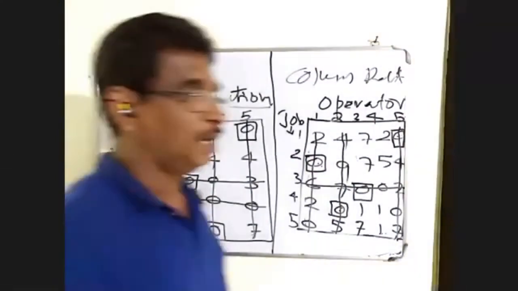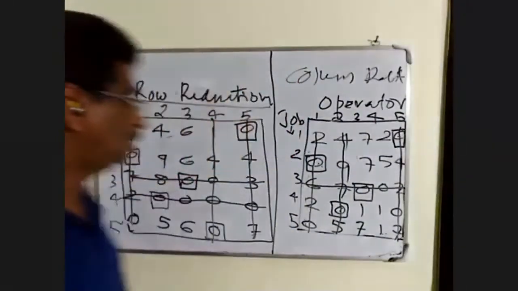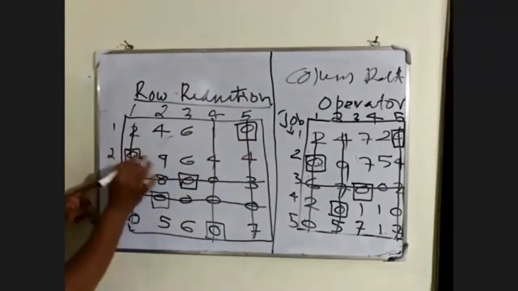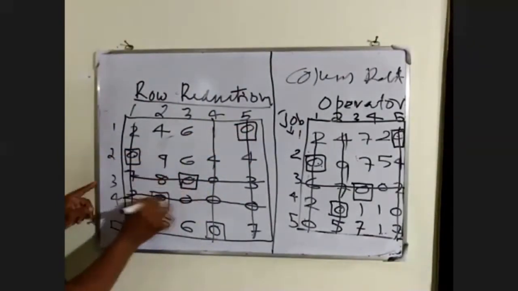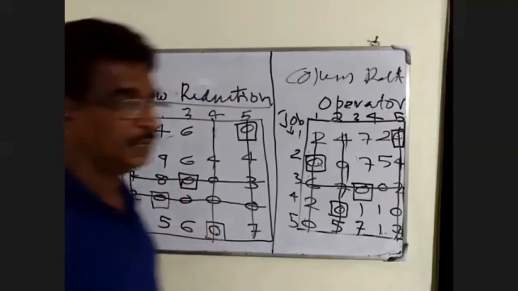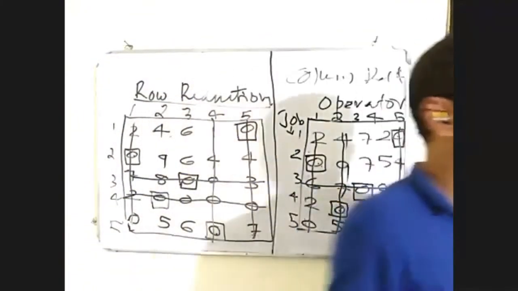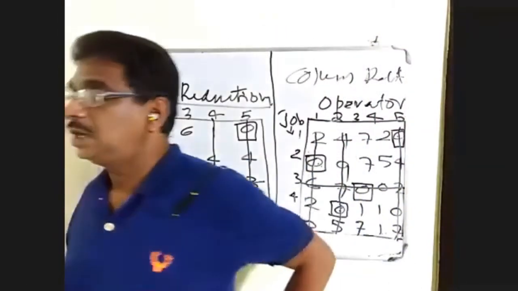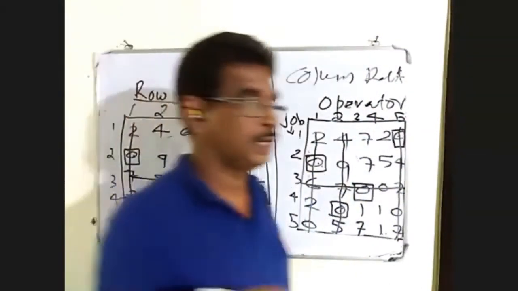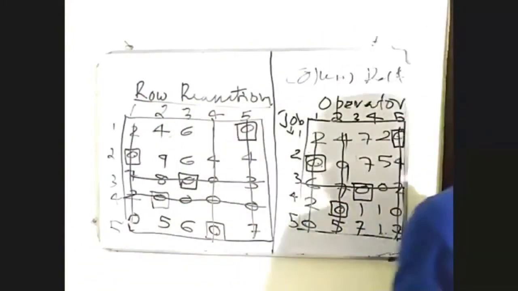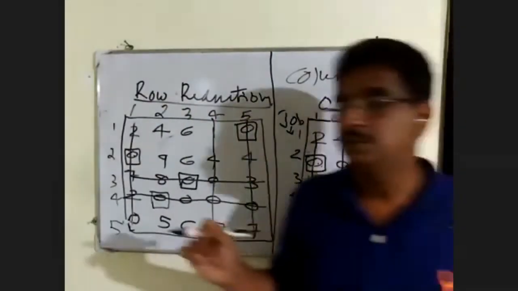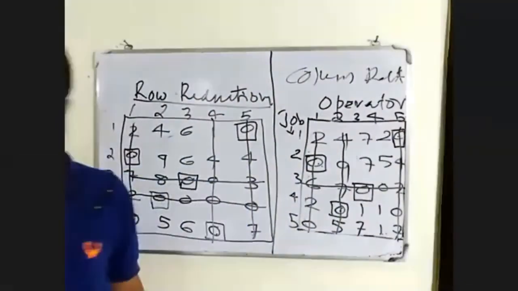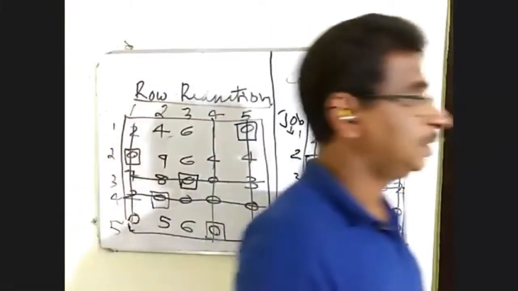Now look at the number of squares marked. How many? 1, 2, 3, 4, 5. The number of squares marked is equal to 5, which is equal to the number of rows of the matrix, that is 5.